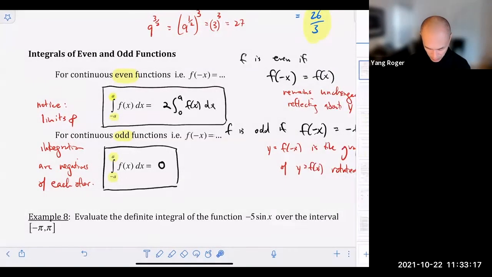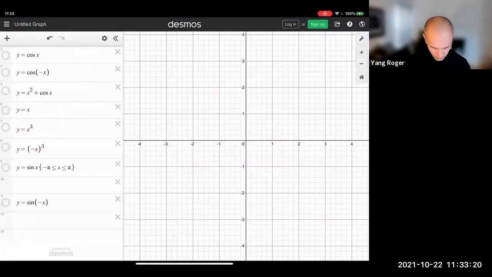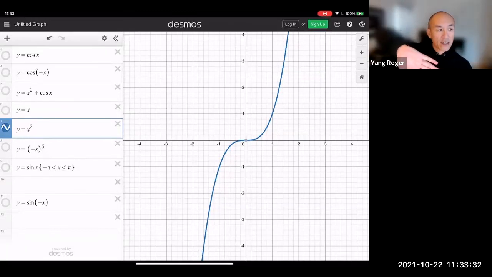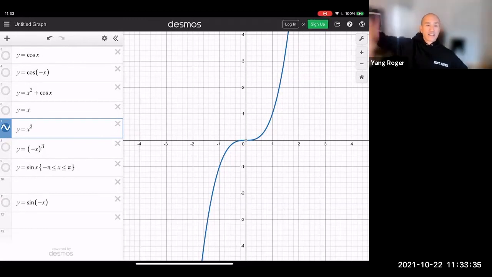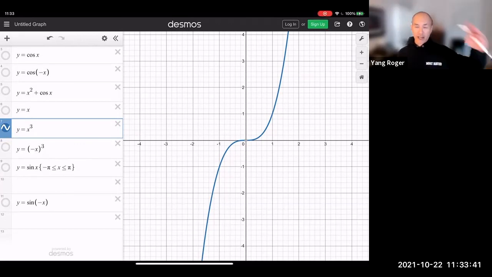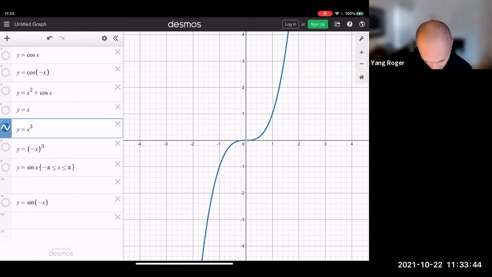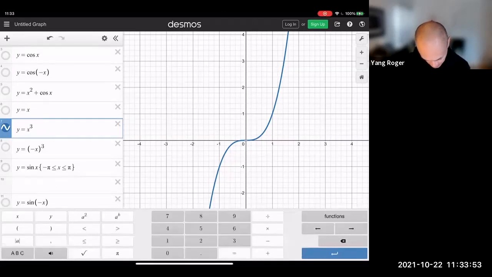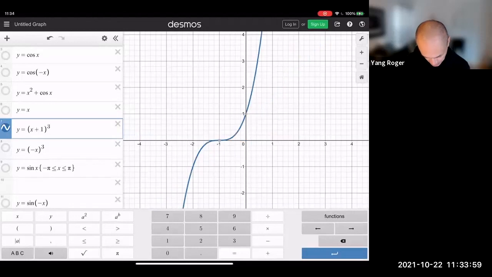Maybe I could show you real quick. This graph is odd, right? It remains unchanged when I rotate by 180 degrees. I mean, not unchanged, sorry. When I rotate 180 degrees, I get the same thing. But what happens now if I were to insert, actually I need to insert a parentheses here, parentheses, +1, parentheses like this.